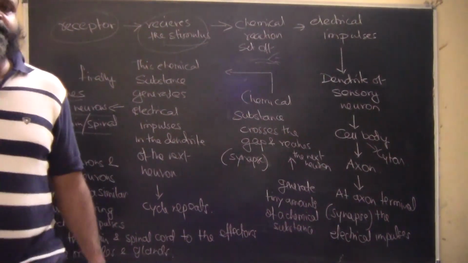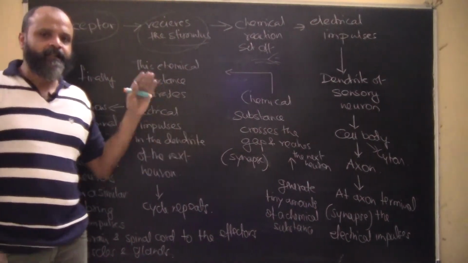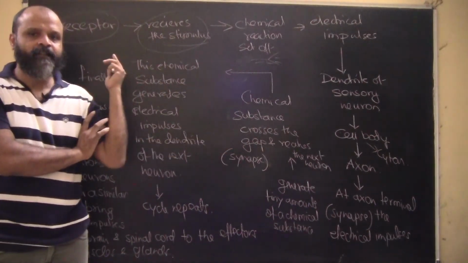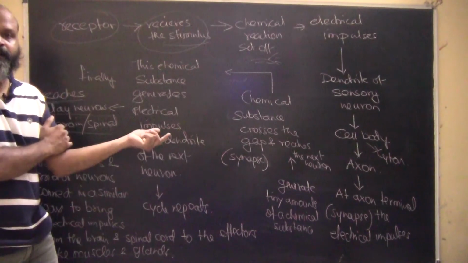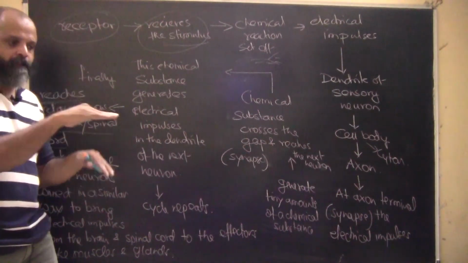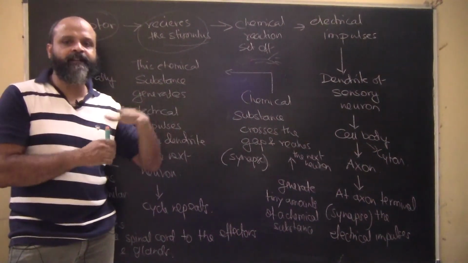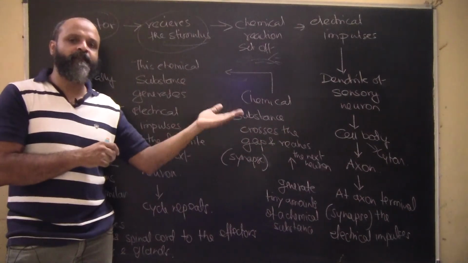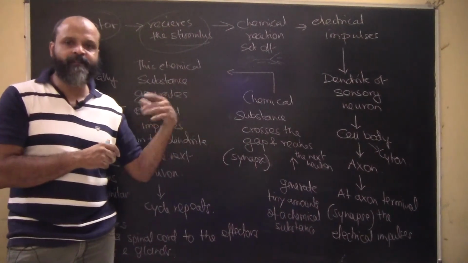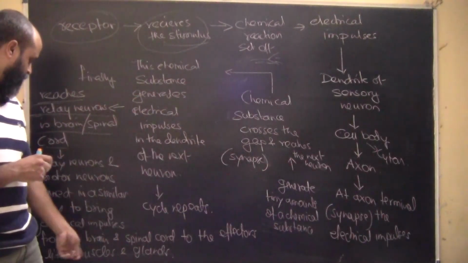So this process continues till it reaches the motor neurons, and the motor neurons basically cause the effect. The transference of electrical signals, the conversion from chemical signals to electrical signals, all happens in pretty much the same way.